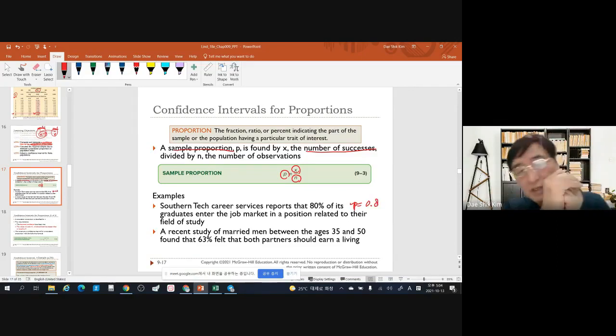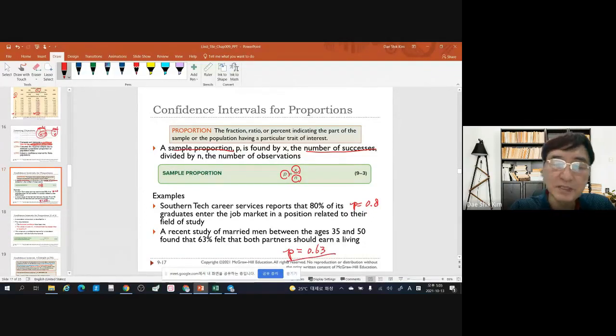Second example, a recent study of married men between 35 and 50 found that 63% felt that both partners should earn a living. So the proportion of married husbands who feel their partner must work and make money is 0.63.